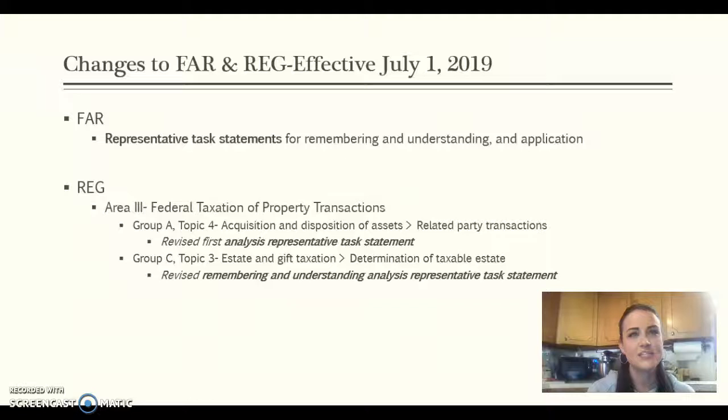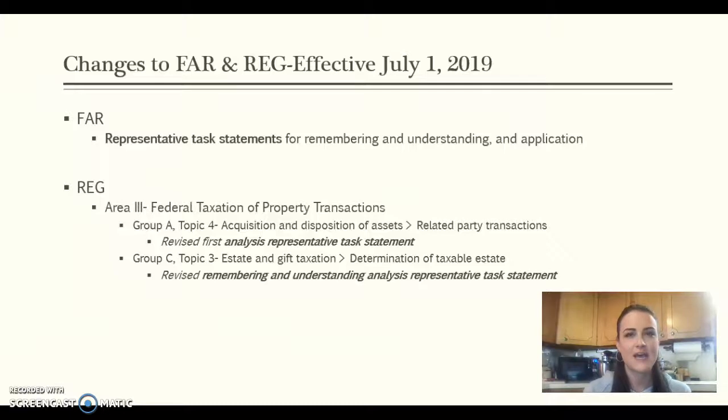As far as the changes to FAR, they are adding a new topic where you have to adjust the notes in a financial statement based on some errors or an omission, and that's the only structure change that they're making in July. For the REG, I found out they're having you calculate a qualified business income deduction, which I'm sure most of you are familiar with.